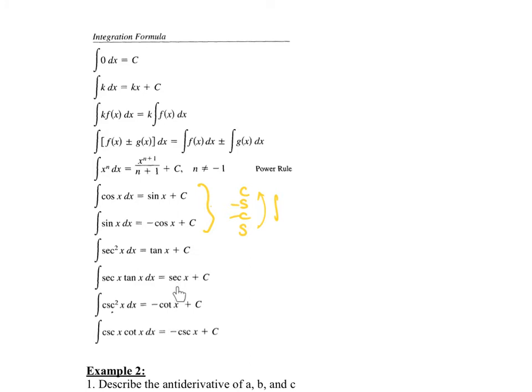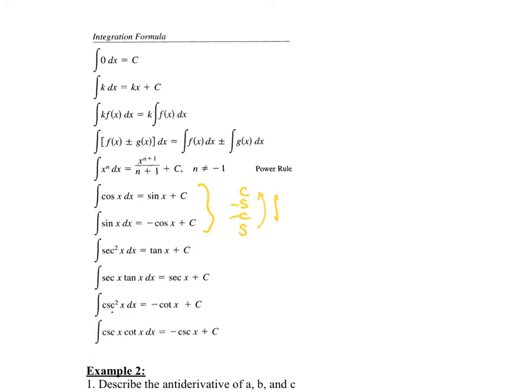We know the derivative of the secant is the secant tan. We know the derivative of the negative cotangent is cosecant squared. And we know the derivative of negative cosecant is cosecant cotangent. So if you know them forwards, you'll be able to get to them backwards. But it's really important that you know them. Just like it's really important that you know your unit circle. Oh yeah, I went there.